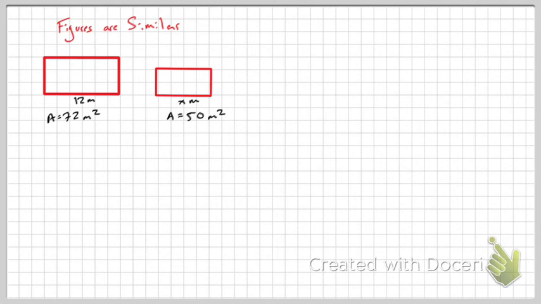First make your corresponding side ratio, 12 over x. Then make your area ratio, 72 over 50. But remember, to make these equal, we have to square the side length ratio. So when I do that, I distribute the square to the numerator and denominator, so I get 144 over x squared equals 72 over 50.